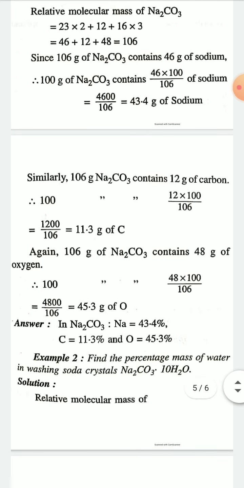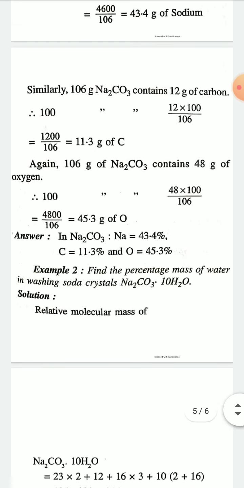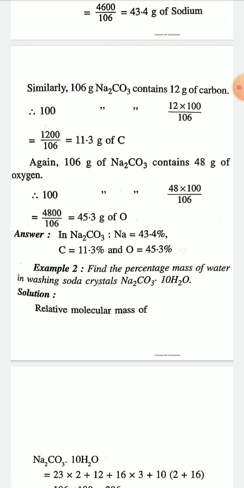So during percentage calculation, first you have to calculate the relative molecular mass of the given compound, and then calculate the total mass of the different elements present in one molecule. So Na2CO3 contains sodium 43.4%, carbon 11.3%, and oxygen 45.3%.